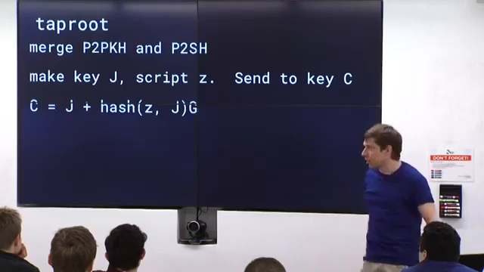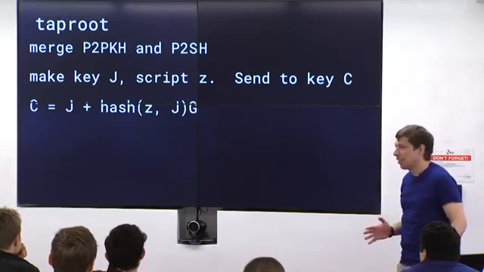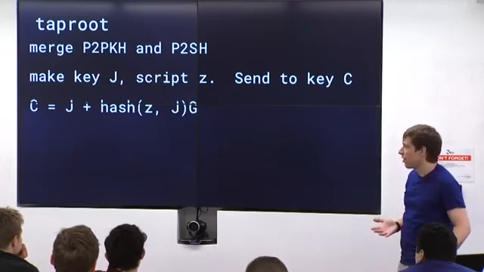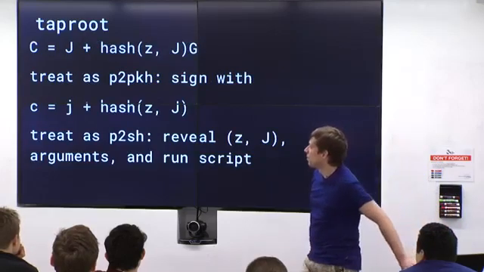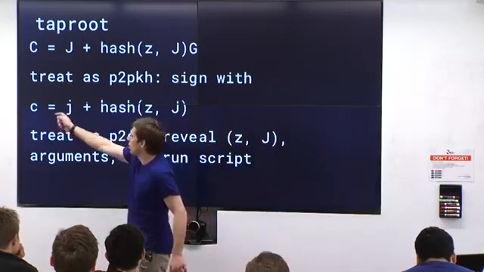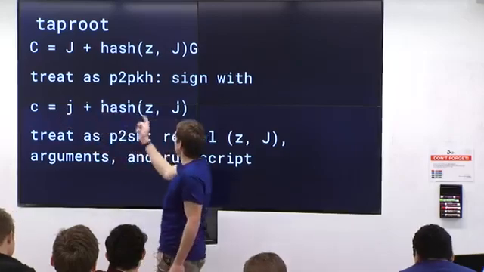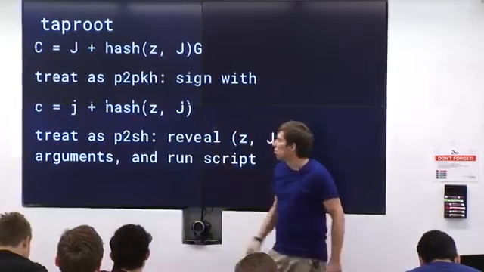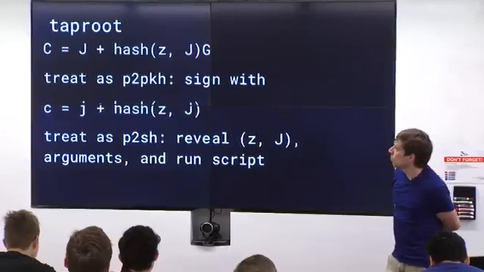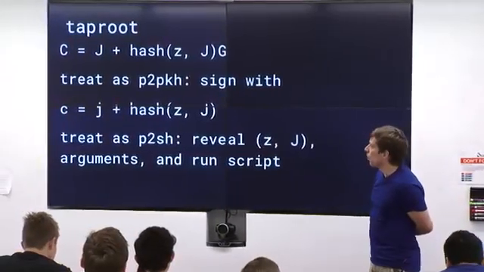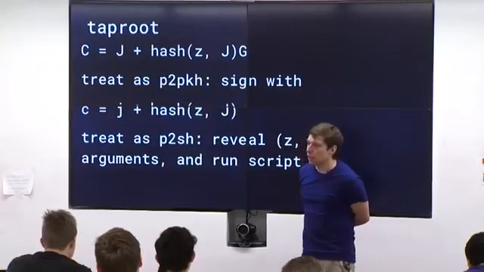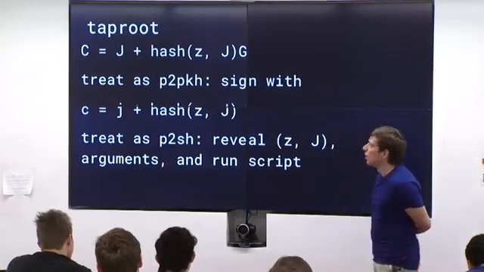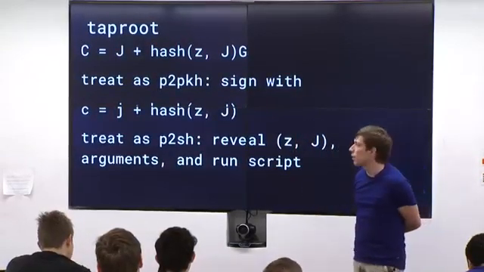Do I know little c? Sure. I know that little c is just the j private key plus this hash. So if I want to treat it as a pay to pub key hash, I just sign with little c, I sign my transaction, and I'm good. Nobody has to know that I did this.